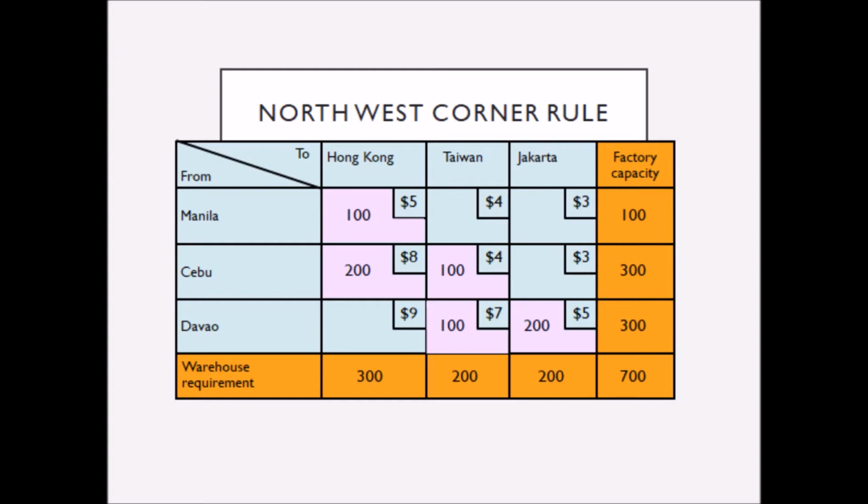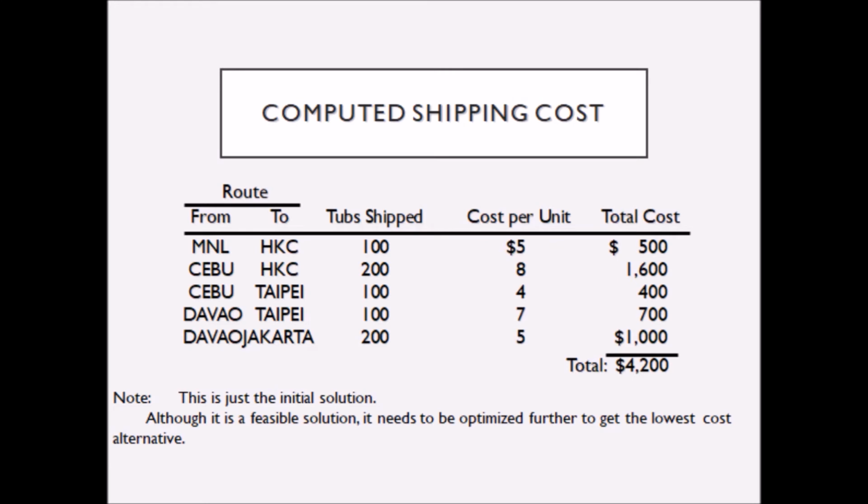And now that we have satisfied both rules, we can compute our initial shipping cost based on the table that we have just made. The first one is Manila to Hong Kong. The tubs shipped is 100 units with a cost of $5 per unit, which gives us a total cost of $500 for that segment.